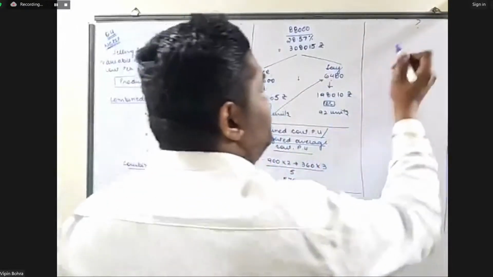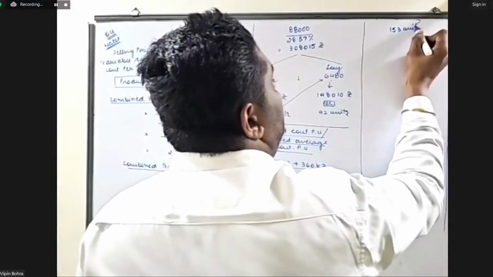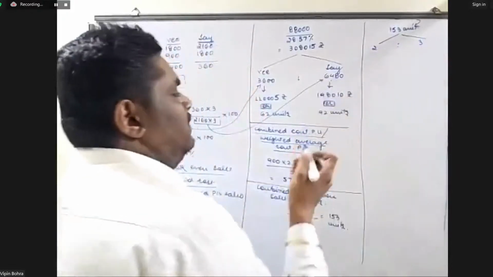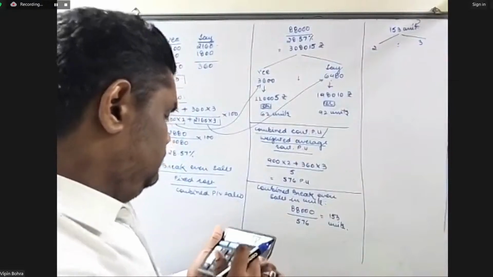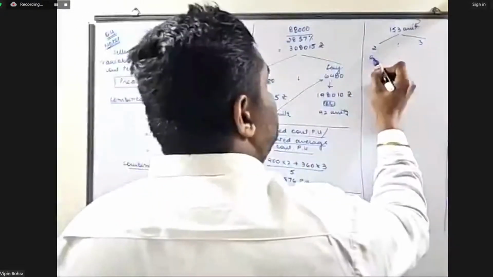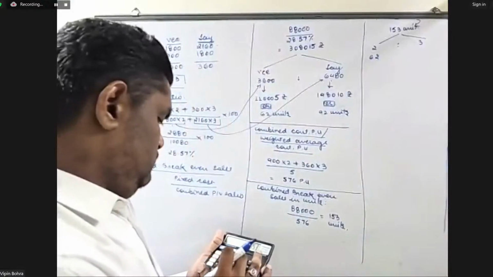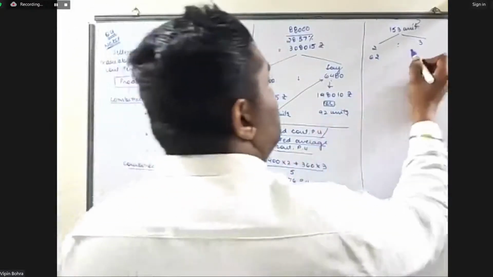These 153 units can be divided in the ratio of 2:3 to get the final value. That is 2:3 if we divide. So this will be 62 and this will be 92.